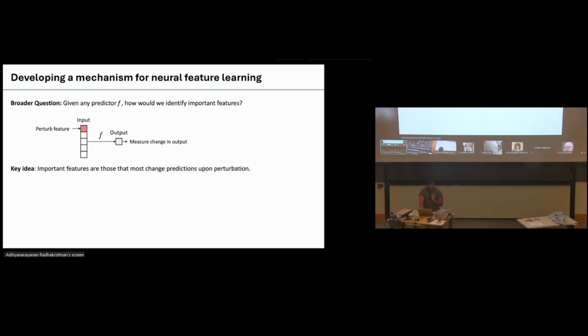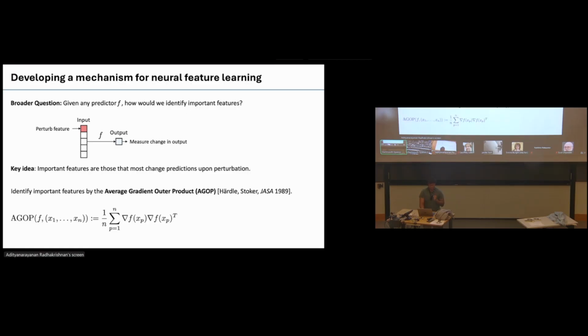The key idea is that important features are those that most change the predictions when I change them a little bit on the input. Change in output by change in input is a gradient, a derivative. Instead of looking at coordinates individually, there's a statistical operator for measuring feature importance called the average gradient outer product, or AGOP. This goes back quite early in the statistical literature.